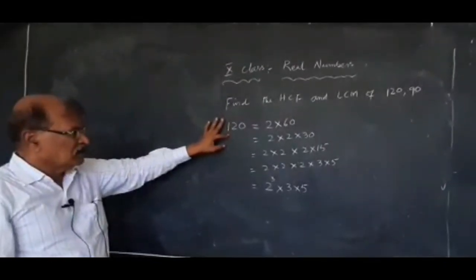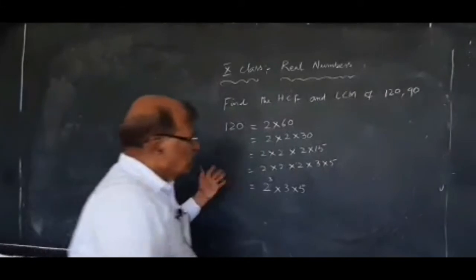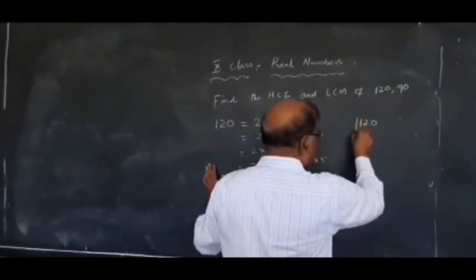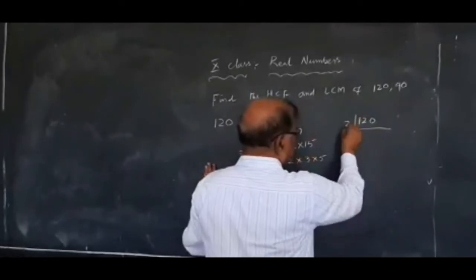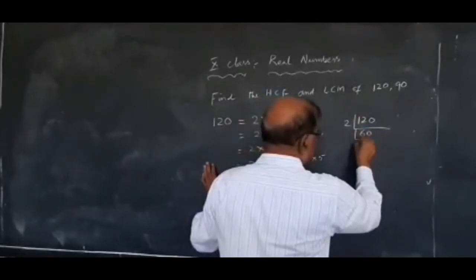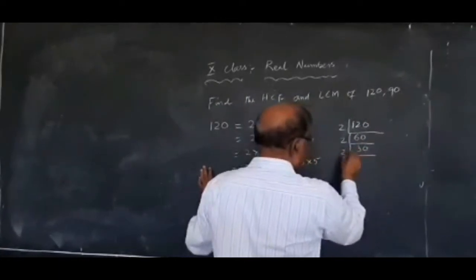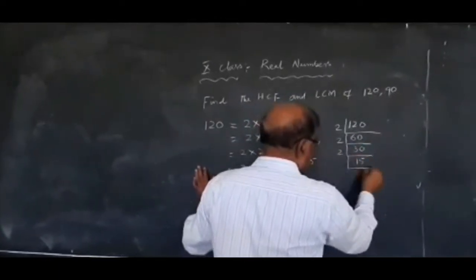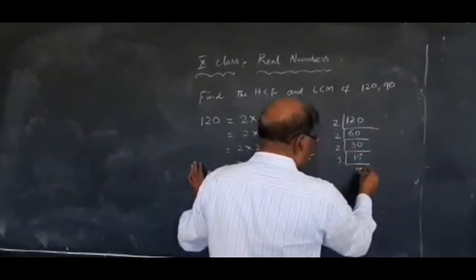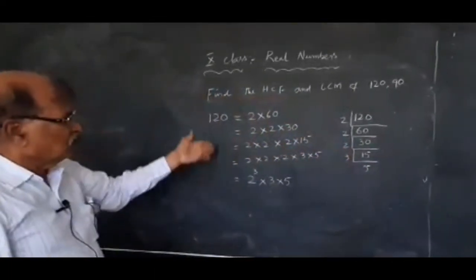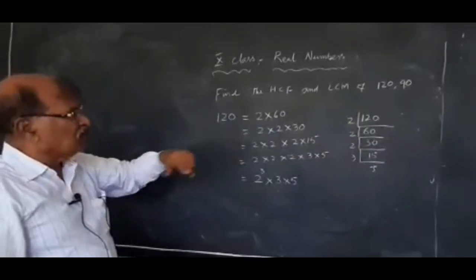You can find the factors in another method also. 120: 2 60s, 2 30s, 2 15s, 3 5s. You can find the factors by this method or this method. Both the procedures are almost the same.